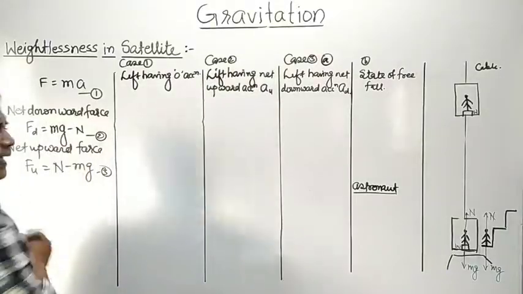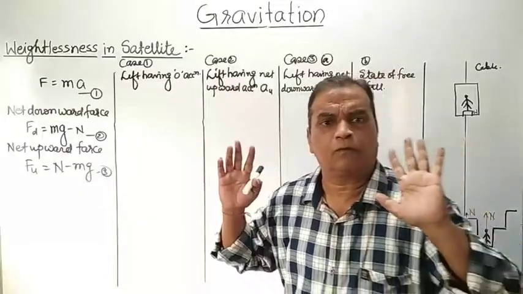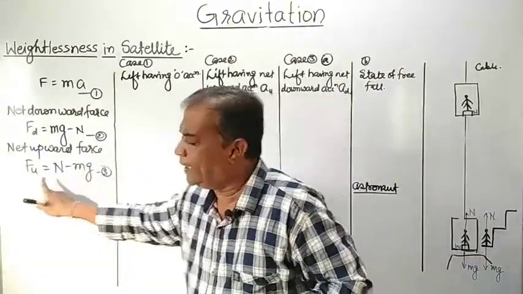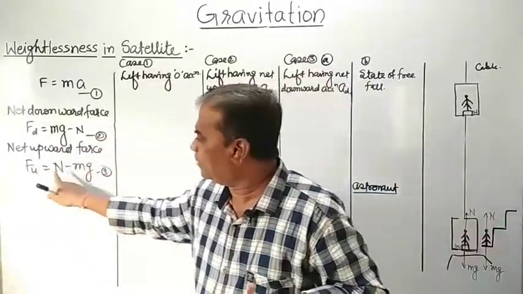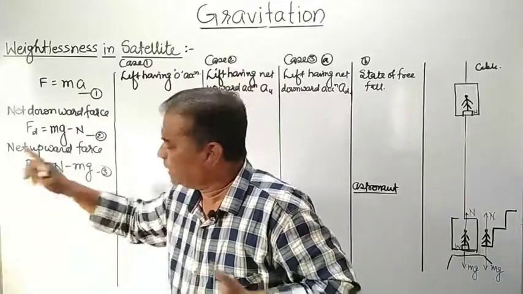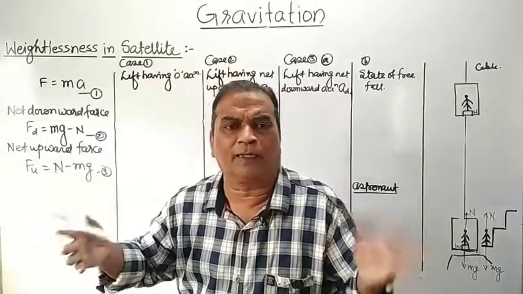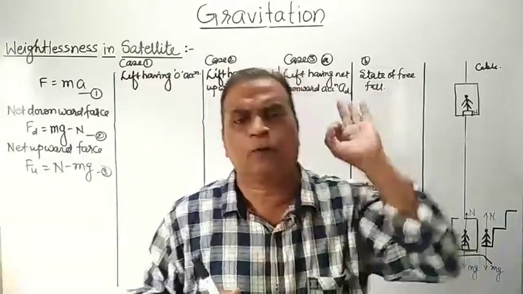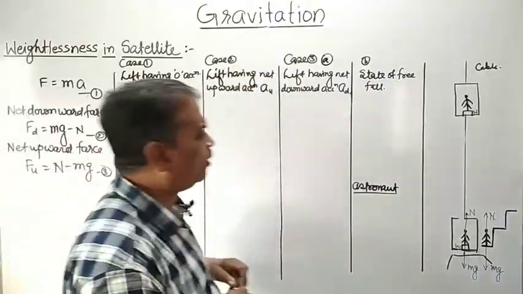So the normal reaction N is the relative force between the motion of a body and the motion of a lift. See here, N is equal to F minus mg. So the normal reaction is the relative force between the motion of the body and the motion of the object.